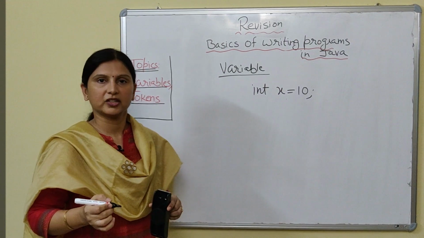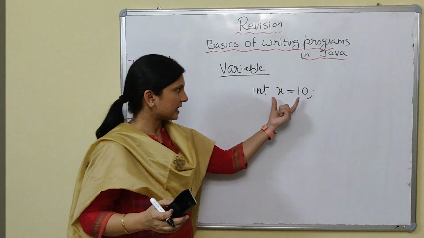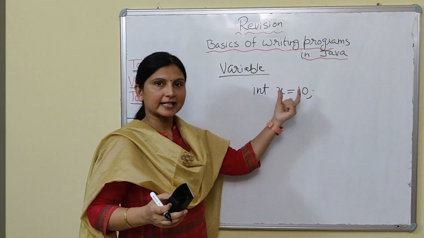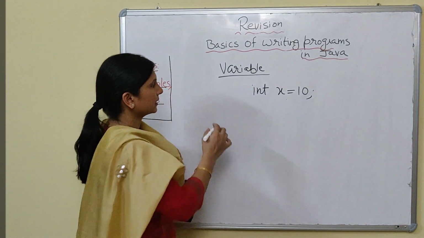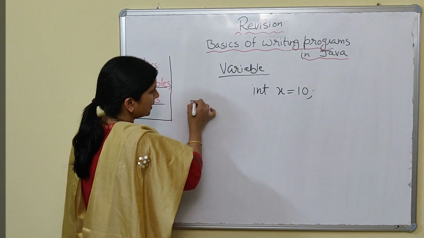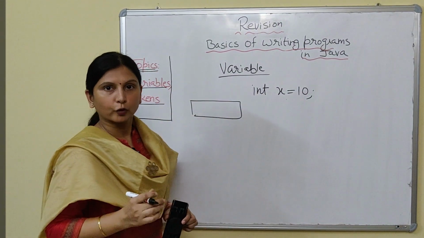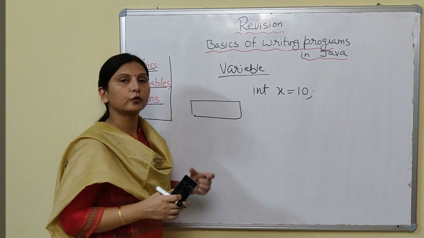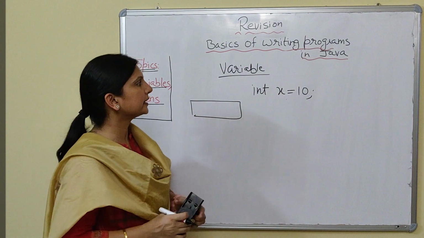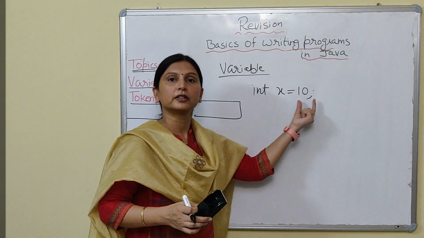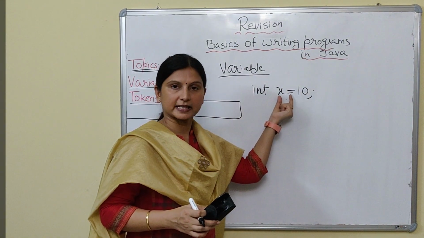This is called initialization. As I write int x equals to 10, what happens in memory? How much space does it occupy? int takes 4 bytes. In memory, 4 bytes will be allocated for the value of this variable x.